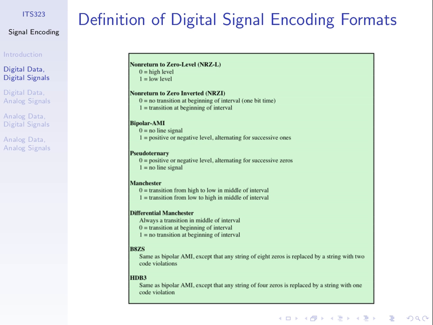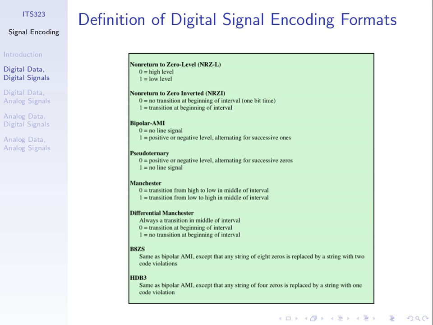Bit 0 we will change at the start and in the middle. Bit 0 change at the start and in the middle. Bit 1 do not change at the start but change in the middle. Bit 1 do not change. Sorry, I'm losing the scale here. Bit 0 change at the start and in the middle.